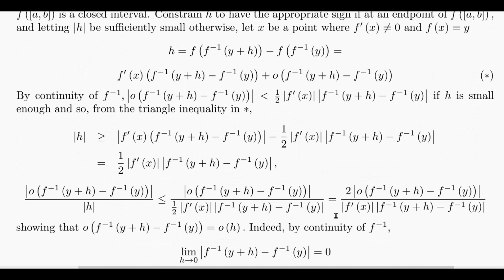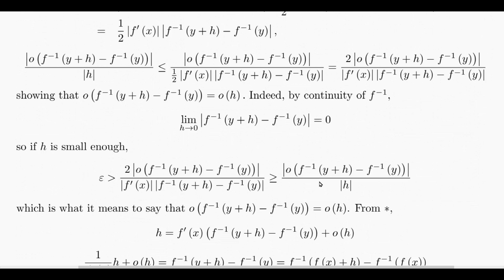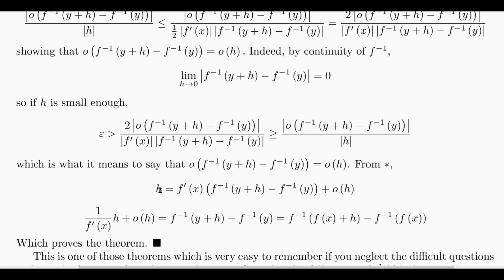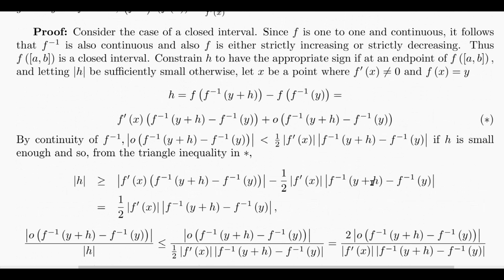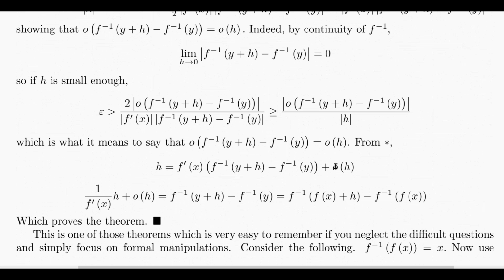So now I go back to star up here. Okay? And from that, I can say that h is equal to f prime of x times this plus little o of h. Now you see the little o of h here took the place of this here. So now if I just solve for this expression, it equals 1 over f prime of x times h plus little o of h.